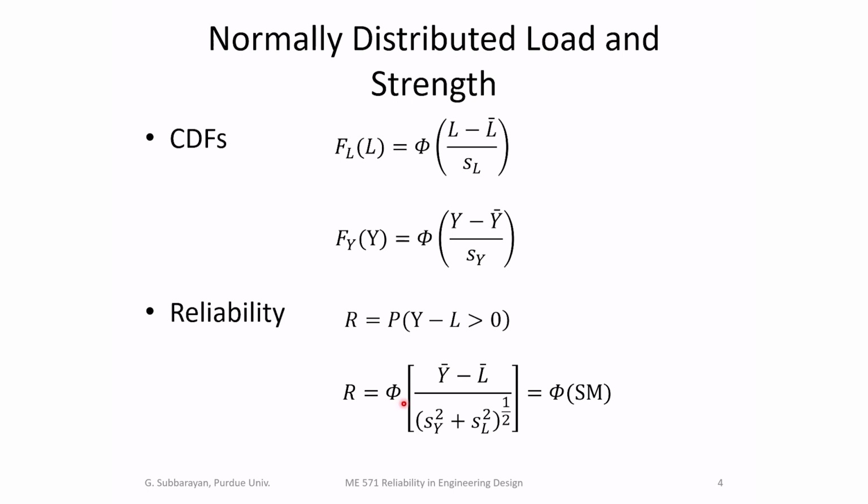Remember, when we denote a variable in standard normal distribution, we use phi for the cumulative distribution function. The cumulative distribution function of the safety margin we defined earlier turns out to be the reliability when load and strength are normally distributed. We'll derive this from first principles next.